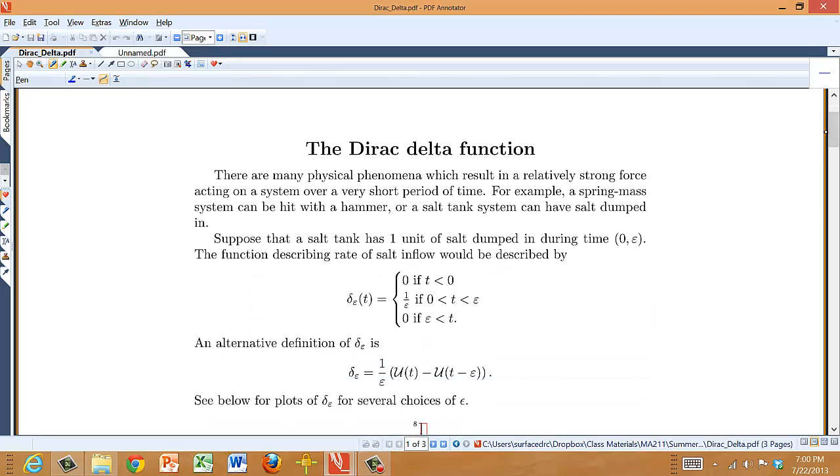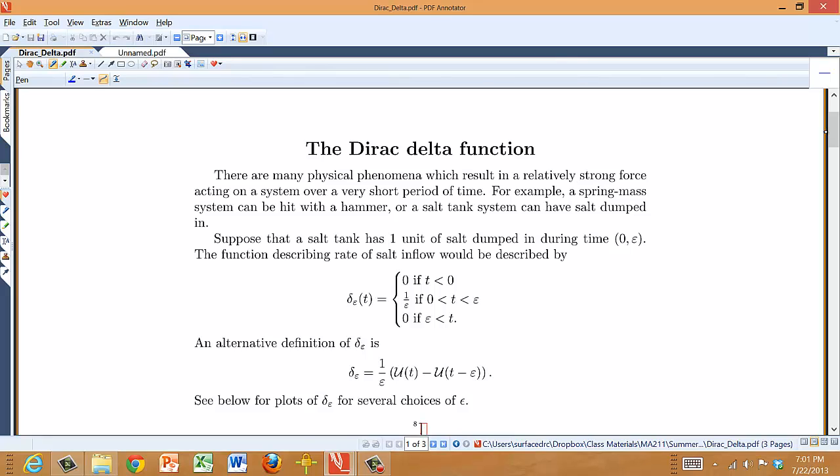So for example, suppose I'm thinking about a spring mass damper system, and I hit the object that's on the end of the spring with a hammer. So I've imparted an external force there, but the force was only acting for a really, really tiny little instant of time, right? Now, if I had a function that could describe the force as it acted, right?